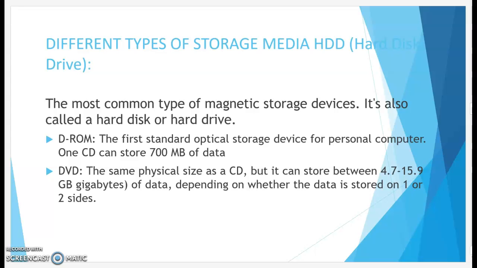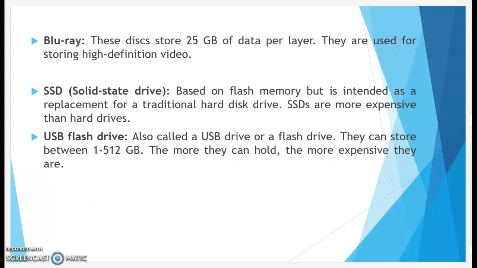One CD can store 700 MB of data. DVD, the same physical size as a CD, but it can store between 4.7 to 15.9 GB of data, depending on whether the data is stored on one or two sides.